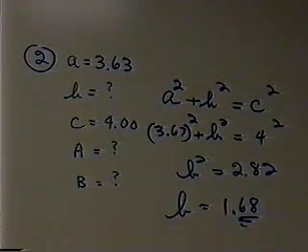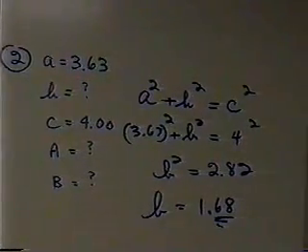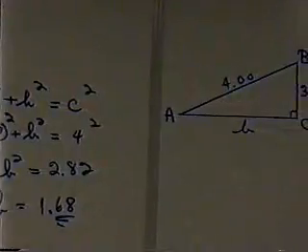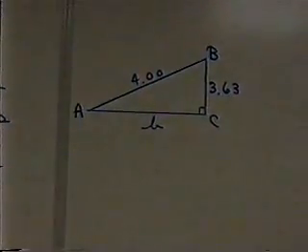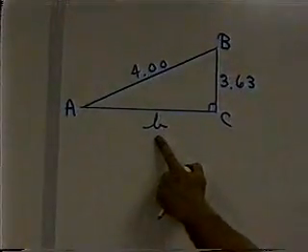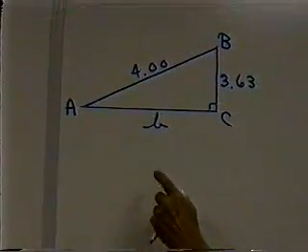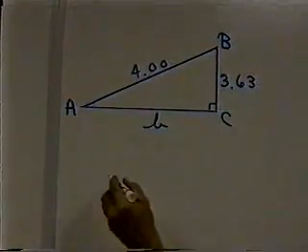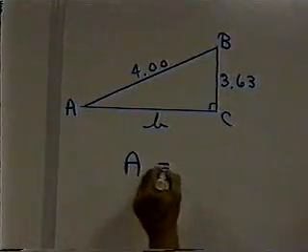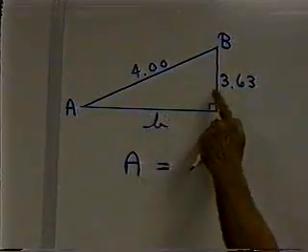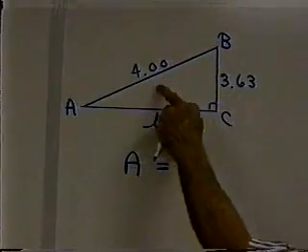Now let's look at the triangle to find the angles. Again, we found B, but we're not going to use it because we could have made a mistake in there. So we'll just use these. If I want angle A, this is opposite, that's sine.